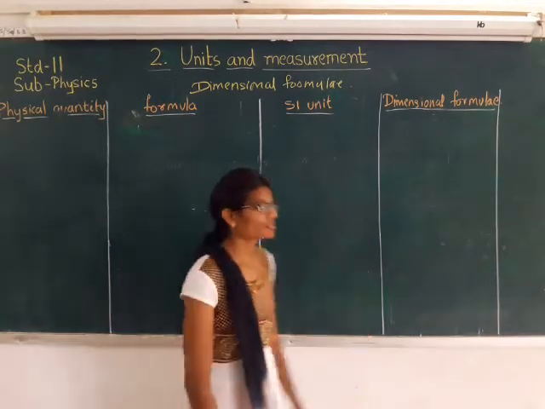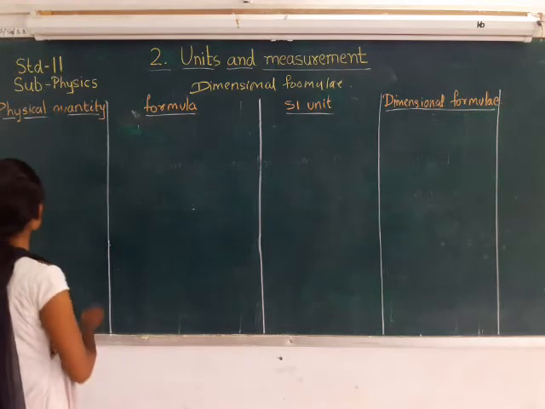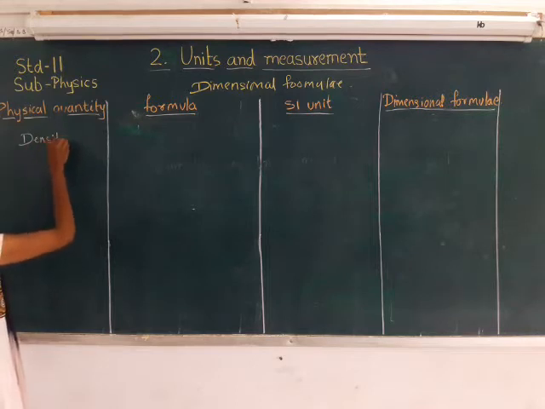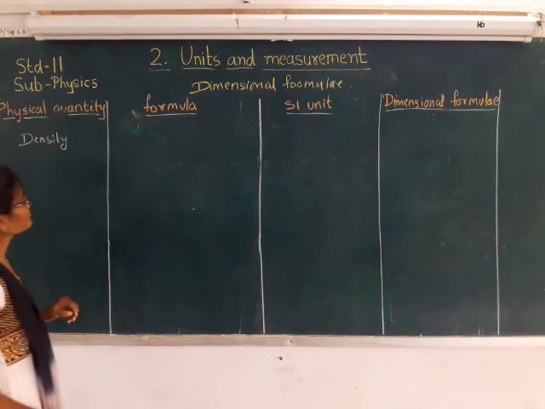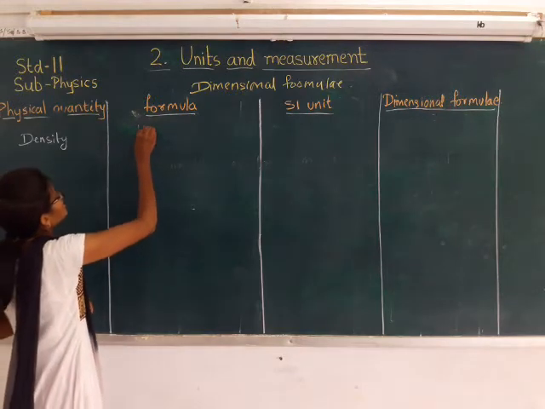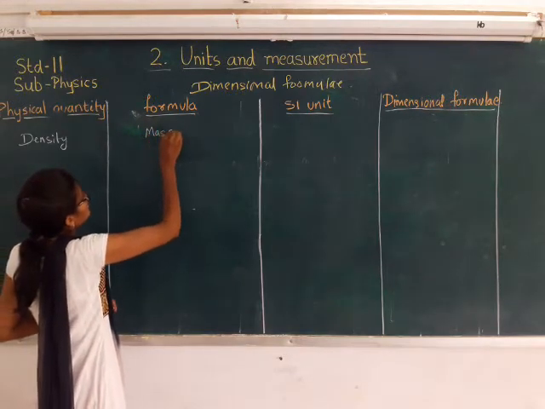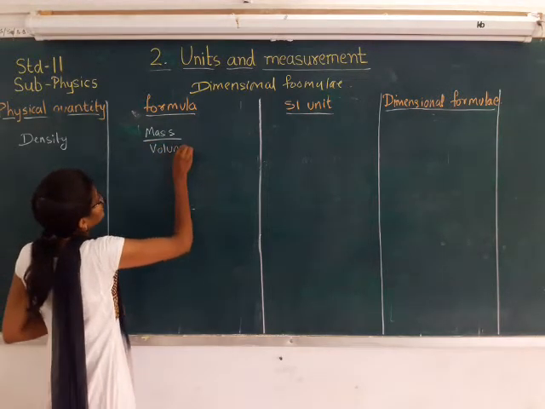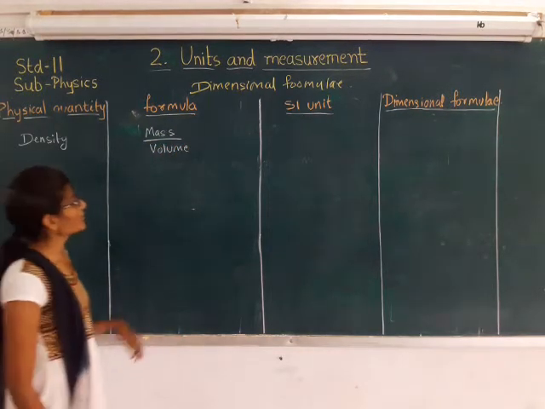Now let us practice for getting the dimensional formula of some more physical quantities. So let us take density. Find the dimensional formula for density. So the formula for density is mass upon volume, right?